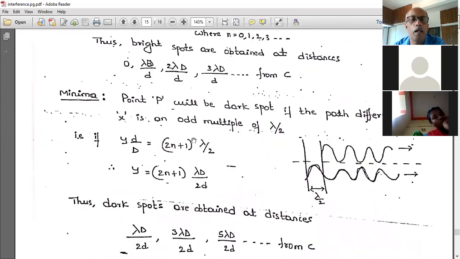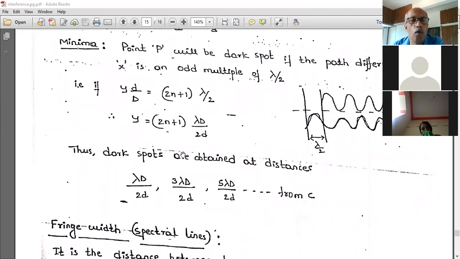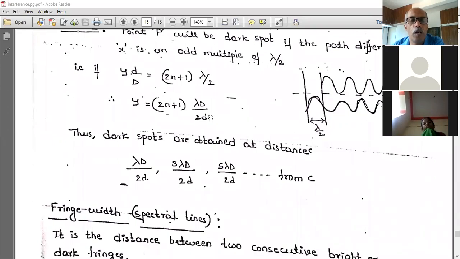Similarly, minima. The condition for minima is that the path difference should be an odd multiple of half wavelength. That is, yd by D equals (2n plus 1) lambda by 2. Therefore, rewriting, y equals (2n plus 1) lambda D by 2d. As usual, n is 0, 1, 2, 3, 4, etc. If n is 0, y becomes 1 lambda D by 2d.